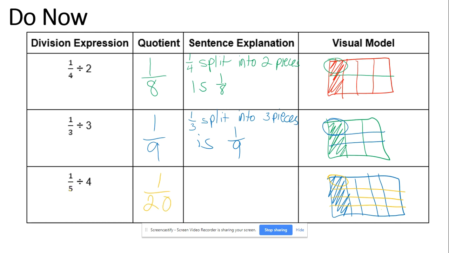Which makes sense because 5 times 4 is 20, and the 1 stays the same. 1/5 split into 4 groups is 1/20. Once again, if you ever want to pause the video, go ahead. I'm just going to keep going so that I'm not slowing you down.